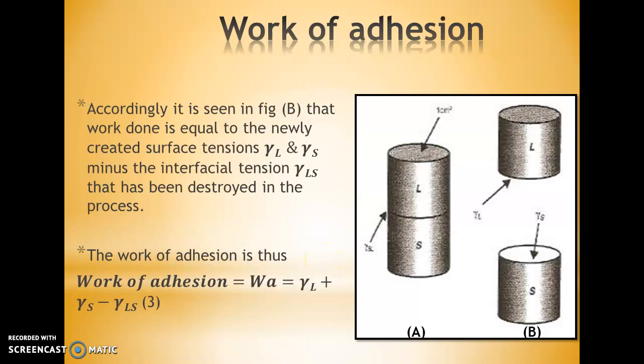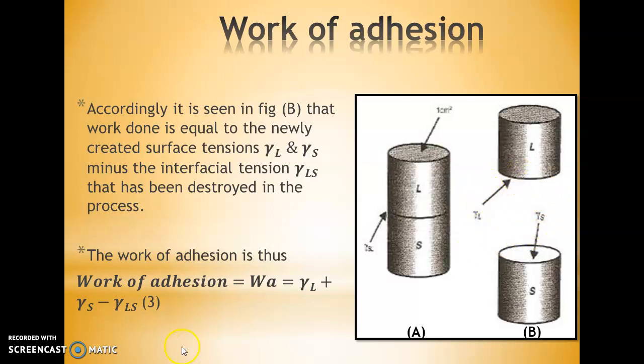Accordingly, now this work done is equal to the newly created surface tensions, that is gamma L and gamma S, minus the interfacial tension which was destroyed when the cylinder was broken into two halves.